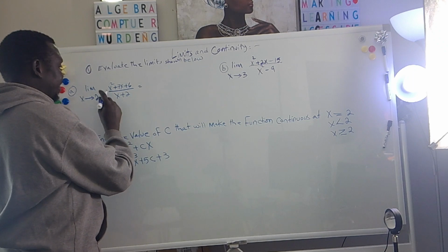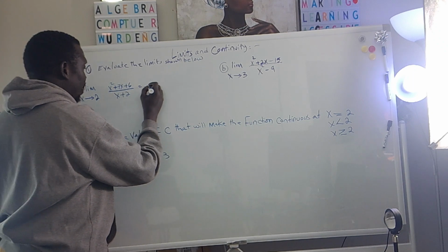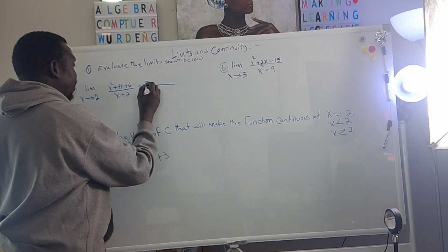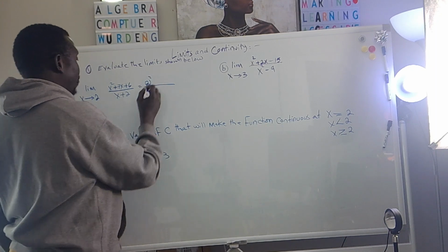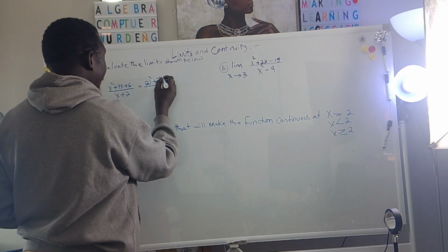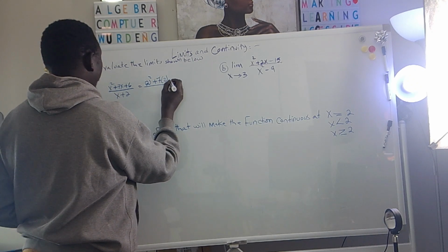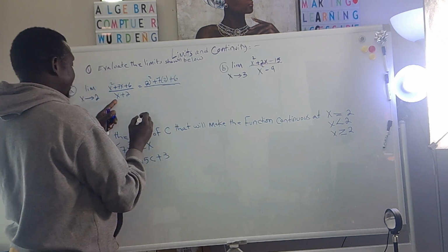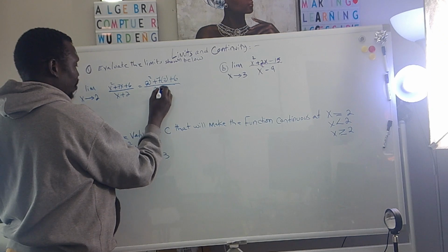Any place there is an x, I will plug in the 2. It will be 2 squared plus 7 times 2 plus 6, divided by 2 plus 2.